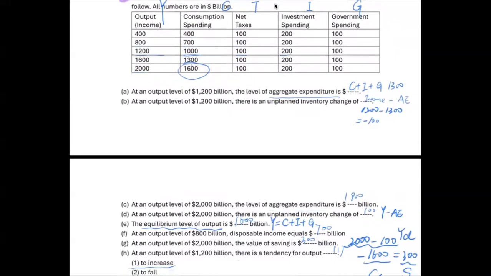And you will know, okay, at this level, Y equals C plus I plus G equals 1,600. Okay, so there's nothing smart to solve this question. Just need to try different rows.